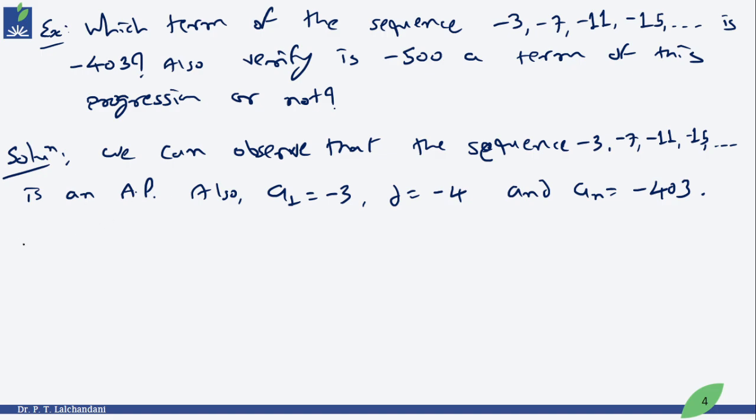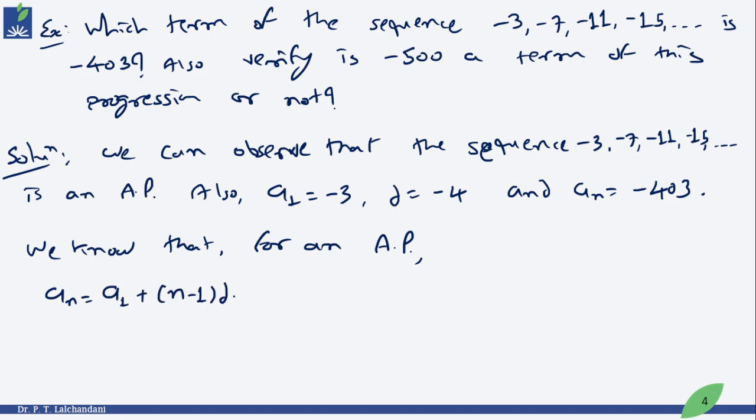So how to find it? We know the formula for finding the nth term of an arithmetic progression: an is equal to first term plus n minus 1 into d.